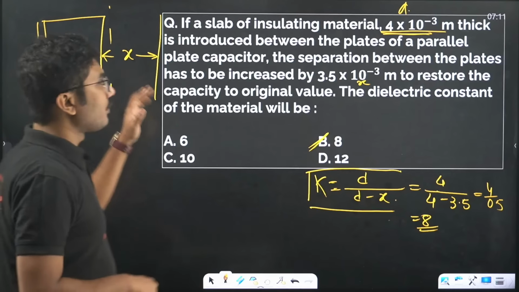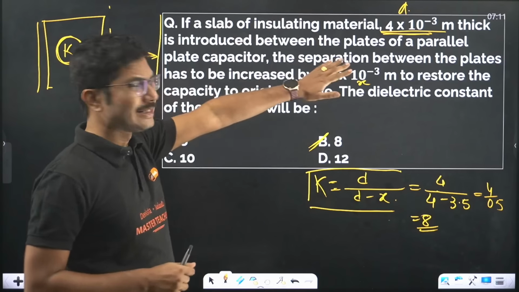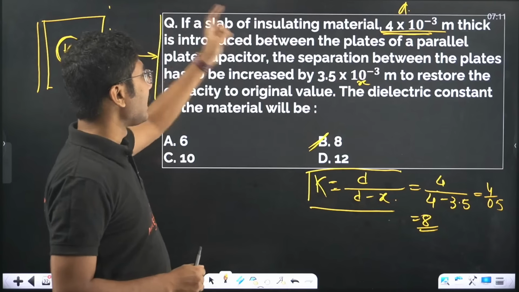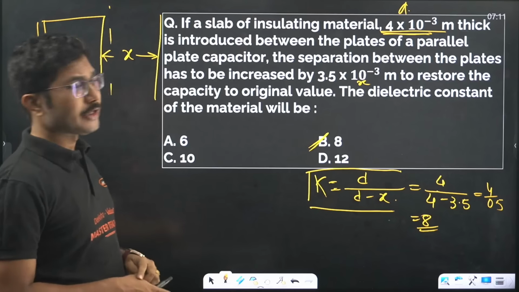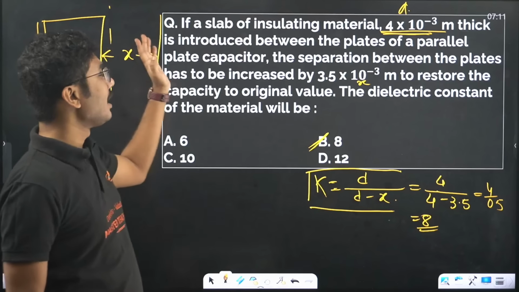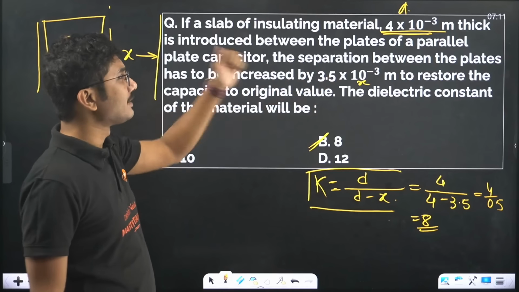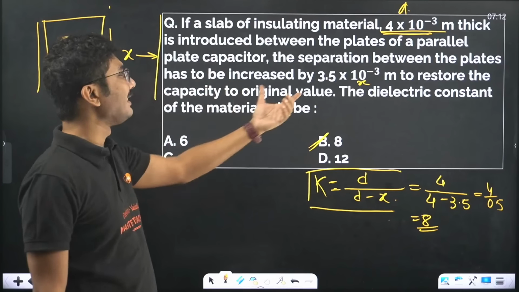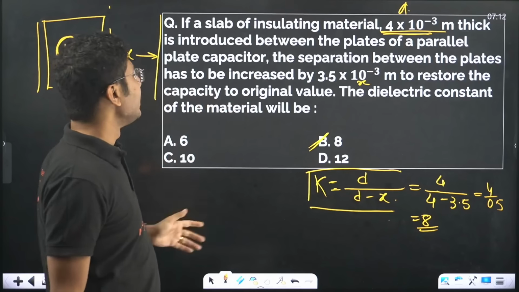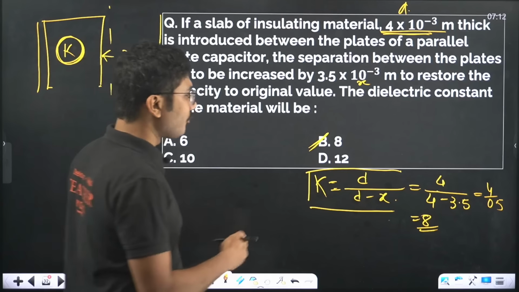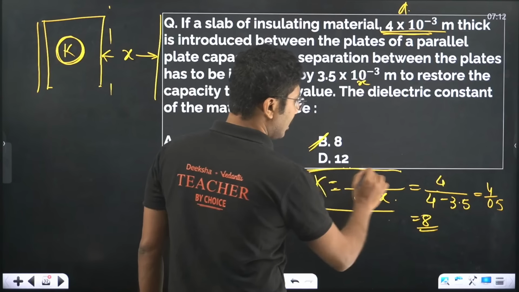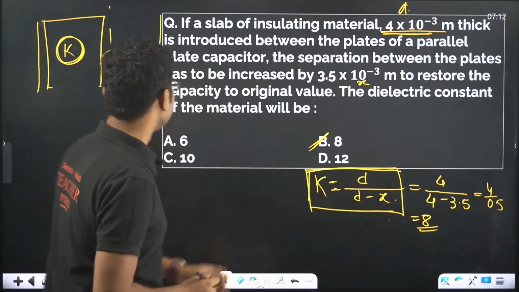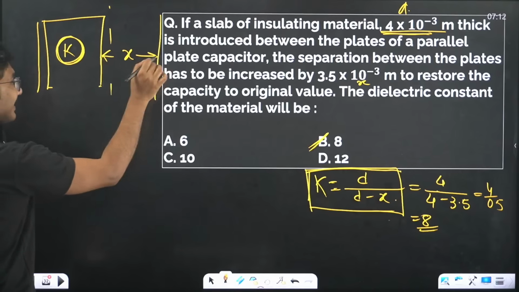Now this question came only once. If a slab of insulating material 4 into 10 to the power of minus 3 thick is introduced between the plates of the parallel plate capacitor, the separation between the plates has to be increased by this distance to restore the capacity. So this is a formula with the dielectric constant, by which you have to increase the distance.